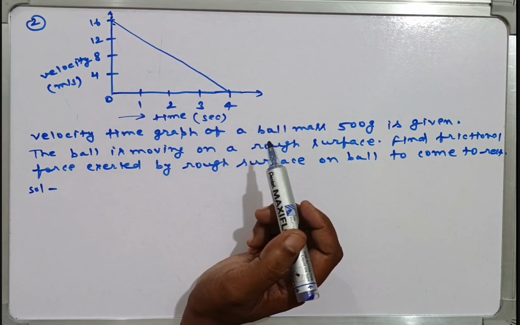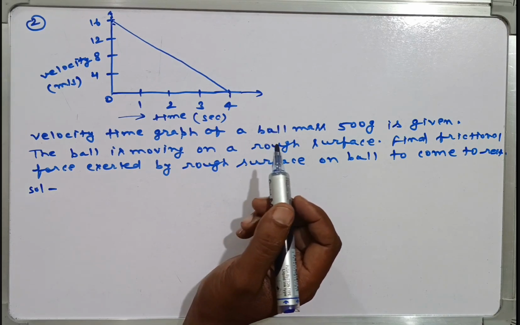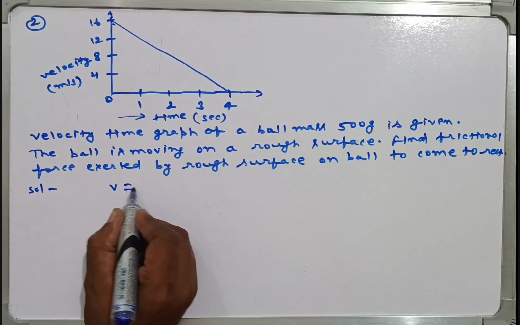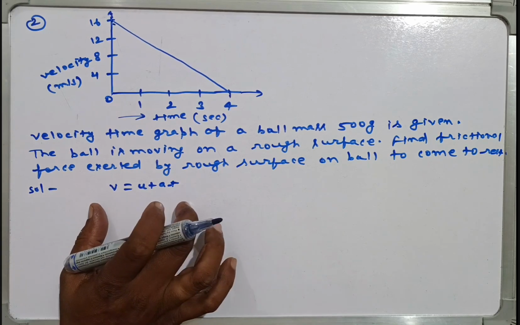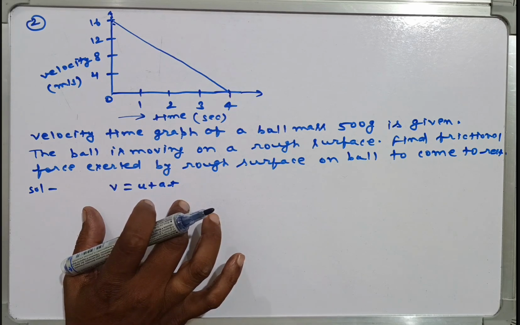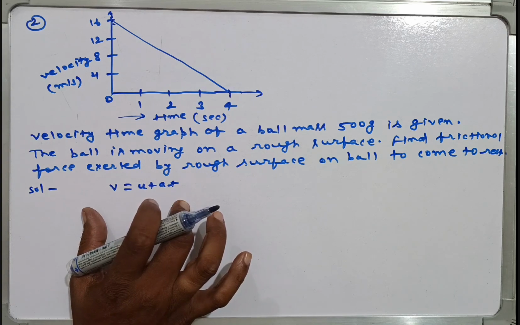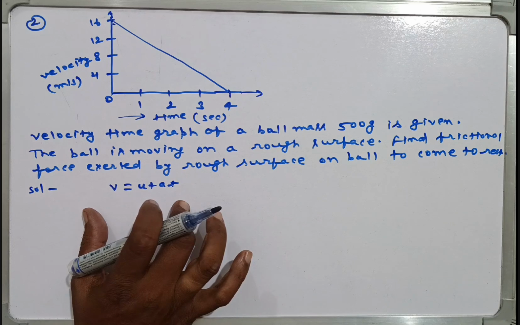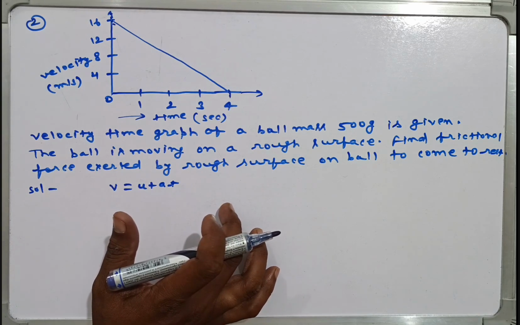So what we know is v equal to u plus at. We have already derived this equation in our previous lecture, motion of an object on a straight line. The link of that video is given in the description box.